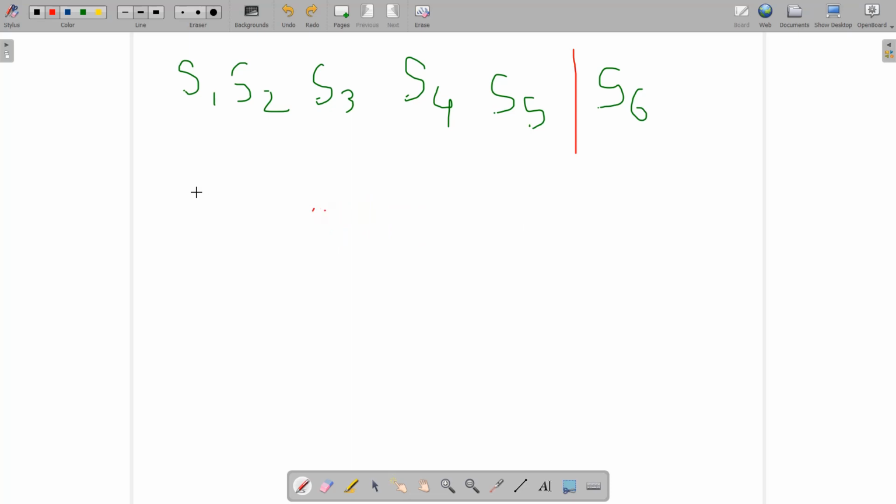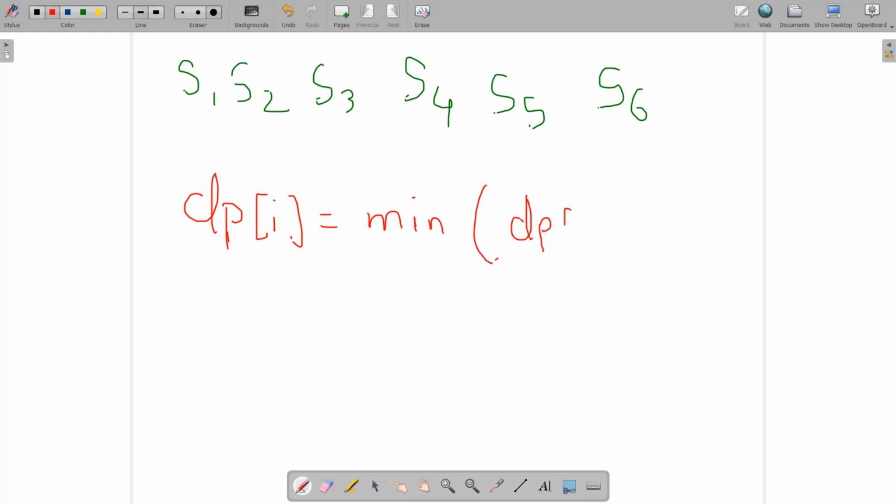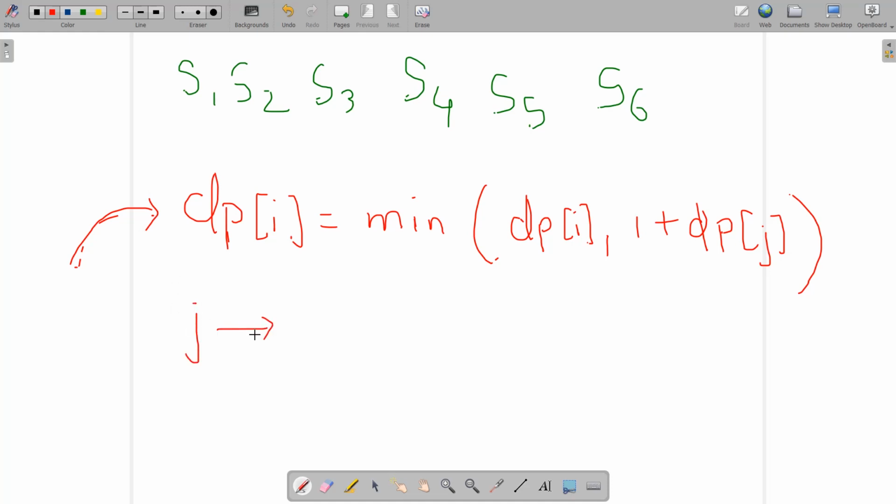So it will be like that: dp of I must be equal to the minimum of dp of I and 1 plus dp of j. Now you are going to do this operation for a particular j, and for those j you are going to apply this formula.